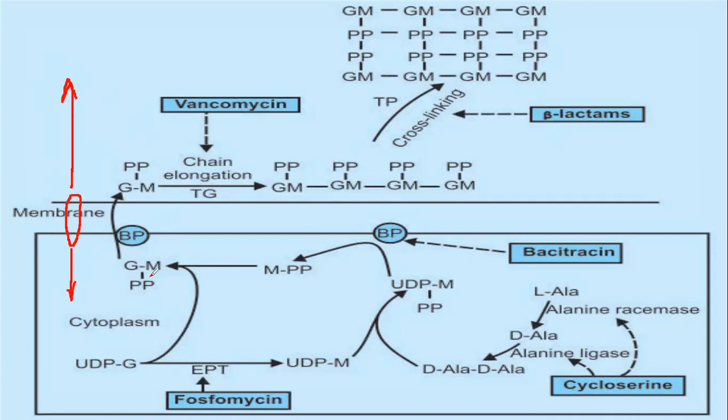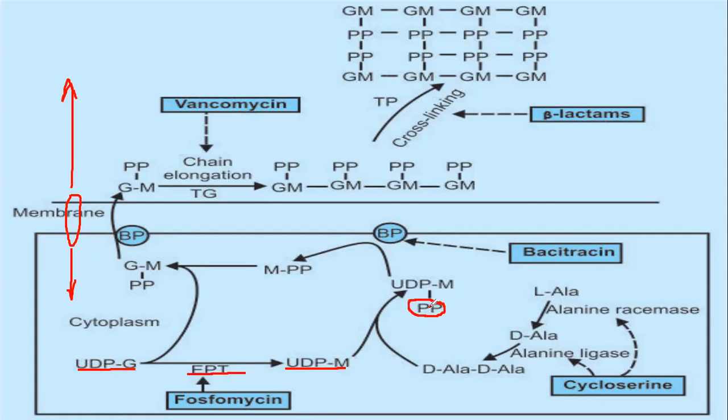Now let's start in the cytoplasm, where this is the first reaction: UDP N-acetylglucosamine is converted to UDP N-acetylmuramic acid by the enzyme enolpyruvate transferase. Then to the UDP N-acetylmuramic acid, you add a pentapeptide unit.